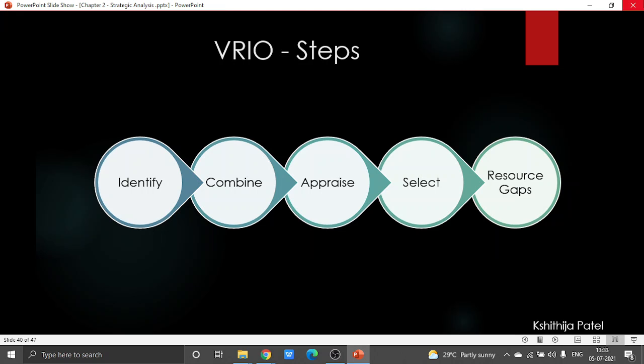The final step is to identify if there are any resource gaps, and if yes, then the organization will have to invest in upgrading the weaknesses and thereby possibly make them strengths for the business organization. So that is all about the VRIO steps.